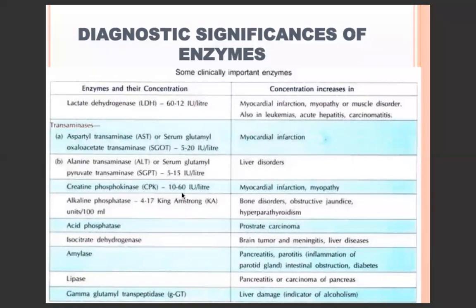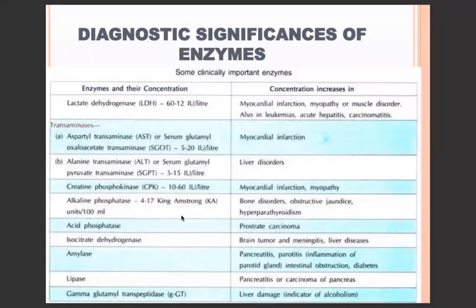Creatine phosphokinase is increased in myocardial infarction, but this CPK has further types, mainly three: CPK-MB, CPK-MM, and CPK-BB. Regarding this further classification of CPK, myocardial muscle has CPK-MM and CPK-MB, skeletal muscle (myopathy) has only CPK-MM, and brain has only CPK-BB. So remember these further types; you will see them in your book.